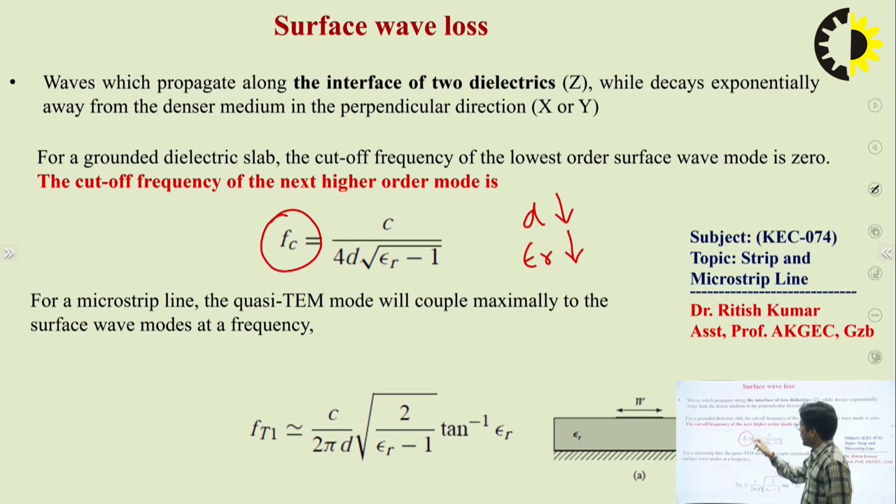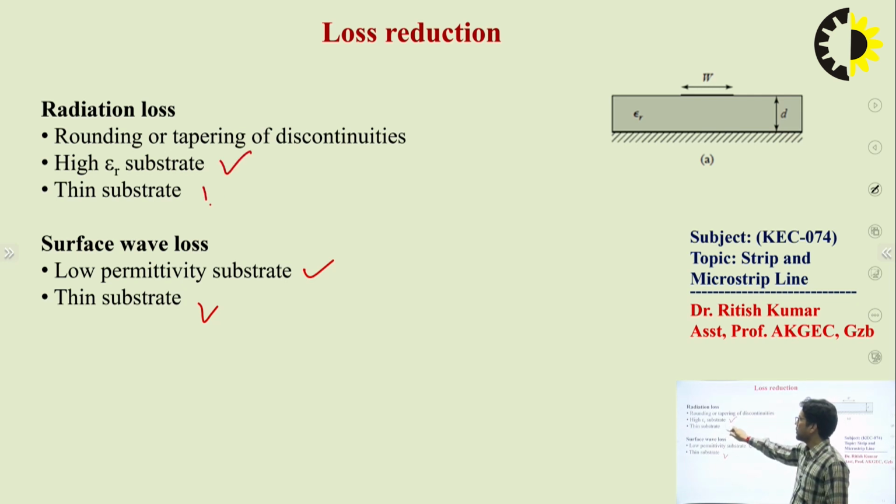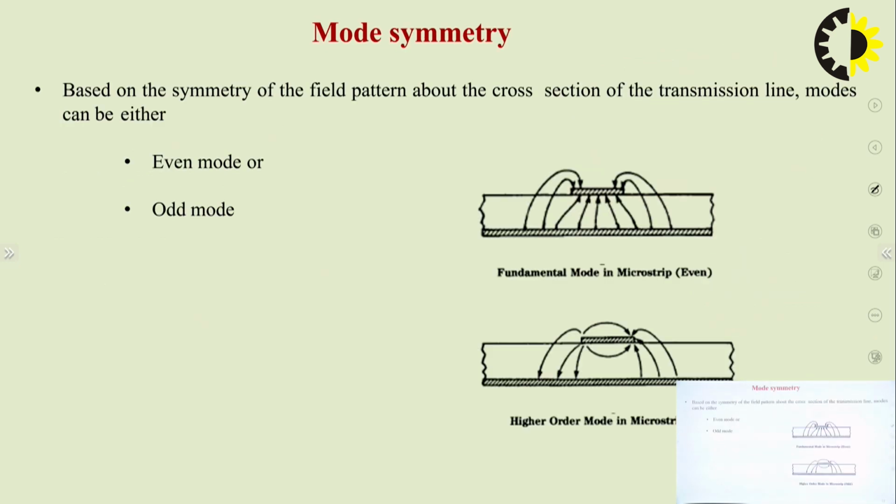To have less surface wave loss, we need to take a low permittivity substrate and a thin substrate, as I have mentioned in the next slide. And radiation loss can be minimized by using a high permittivity substrate and a thin substrate as well, as you can see. Look at here, right? So I think this one is clear to all of you till now.